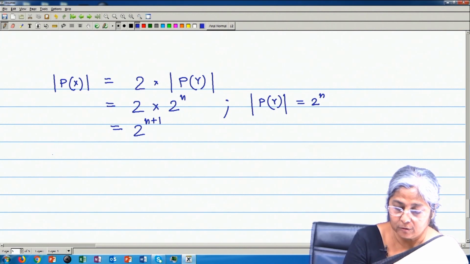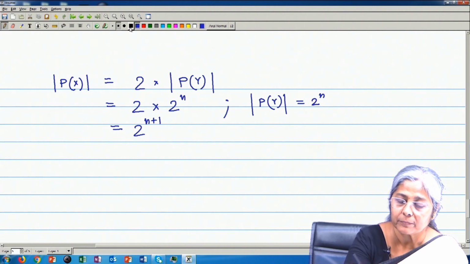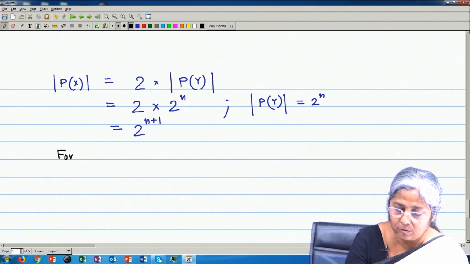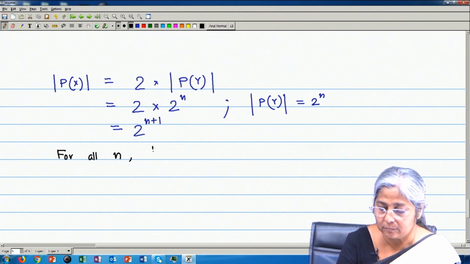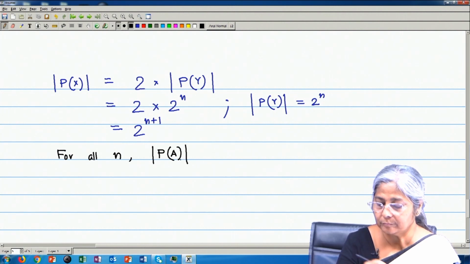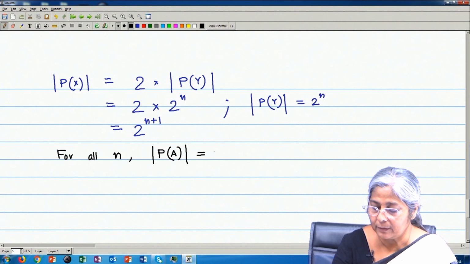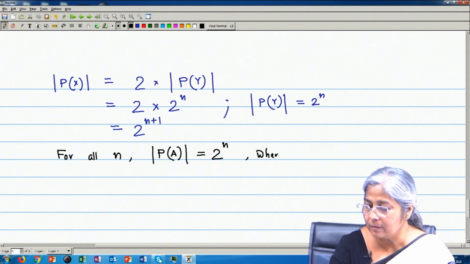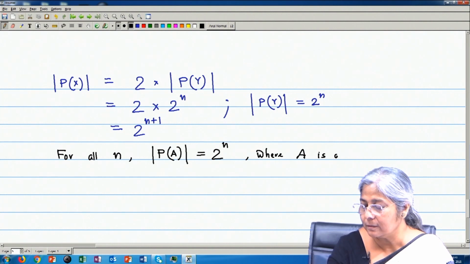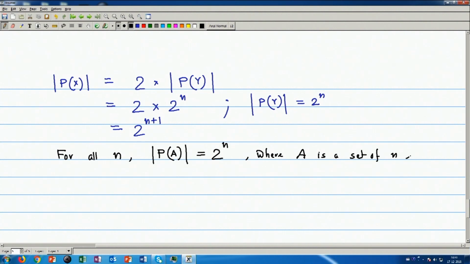So, we can conclude then for all values of n, the cardinality of P A is 2 to the power n, where A is a set of n elements. So, our theorem is proved.